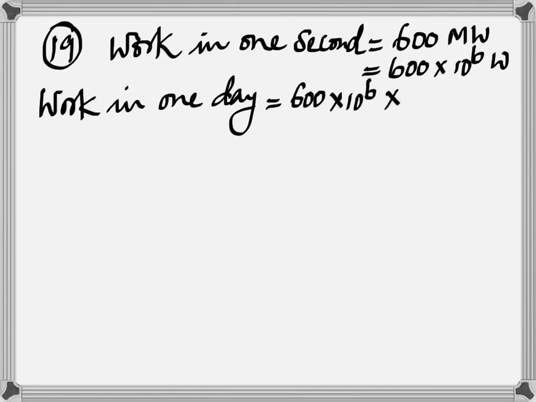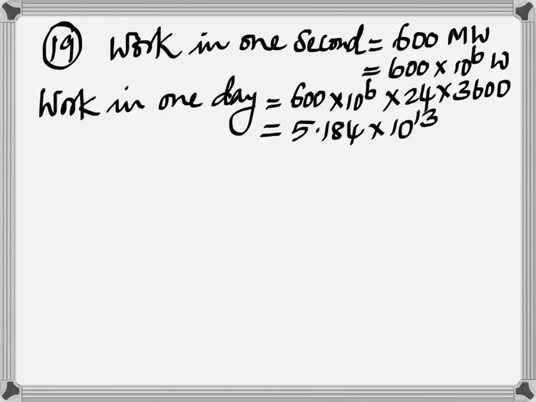So I change it to work in 1 day. 1 day has 24 times 3600 seconds, isn't it? 1 day has 24 hours. Believe me. And each hour has 3600 seconds. So total seconds. All right. So you have 5.184 times 10 to the 13 joules.